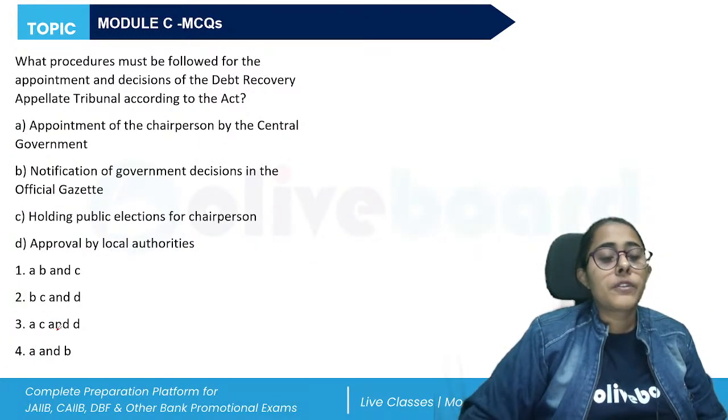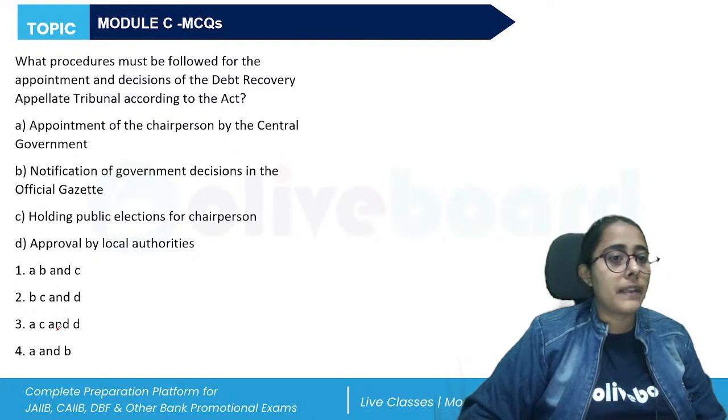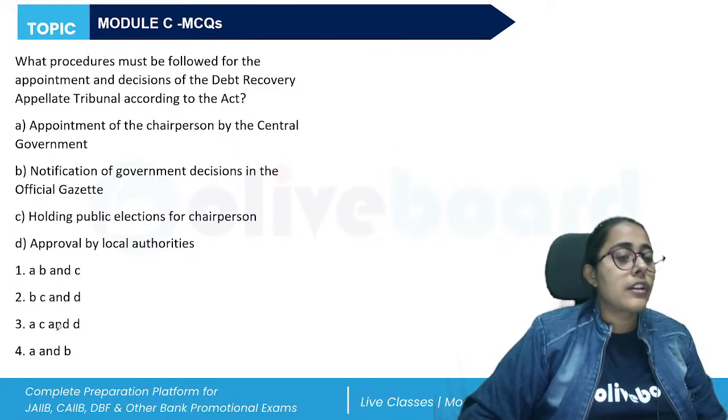Next, what procedures must be followed for the appointment and decisions by the DRT according to the Act? Not DRT but DRAT. For the appointment and the decisions made by the Debt Recovery Appellate Tribunal, which procedures are to be followed? The appointment of the chairperson by the central government.